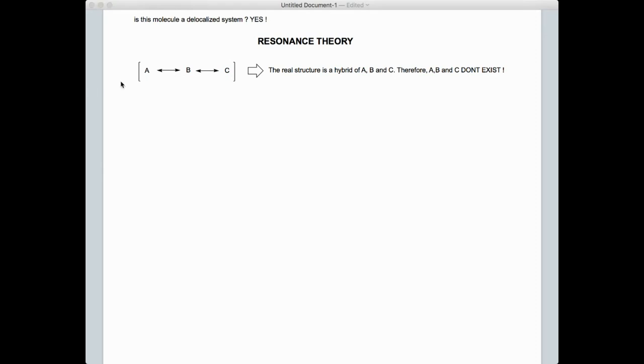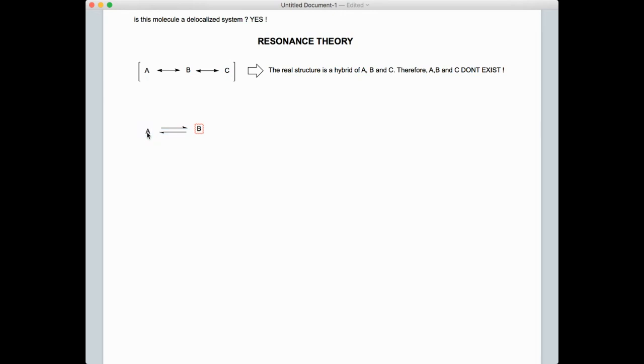Guys, I'm sure you've seen in Gen Chem something like this. If I write here A and B, you've seen this in general chemistry. What exactly can you interpret from this symbol that I use here?